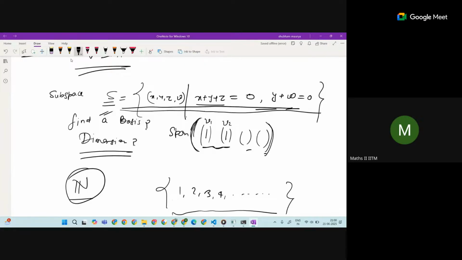Basis is a very important, crucial thing: if you just tell about it, the person will understand you are talking about this subspace. Just as telling your father's name instead of every family member's name lets him understand which family you belong to. This is the meaning of the basis.